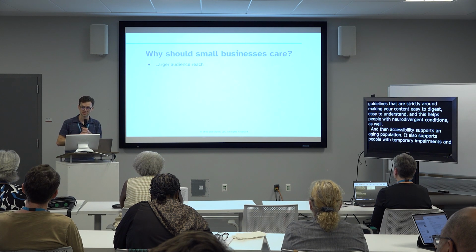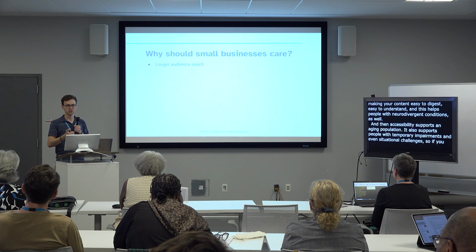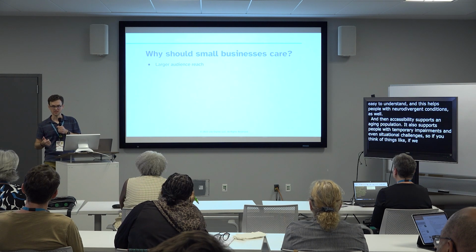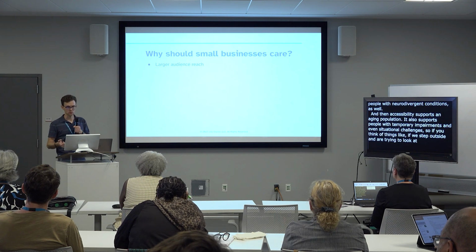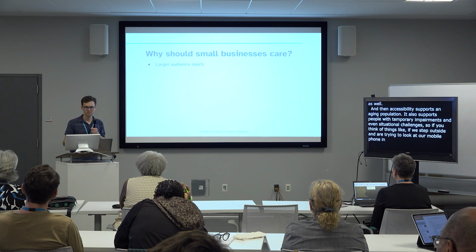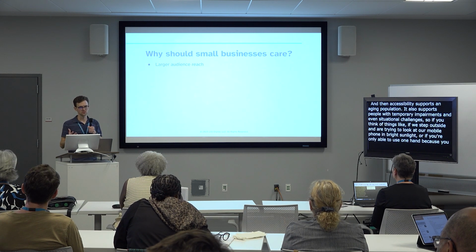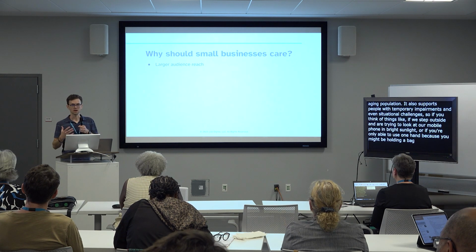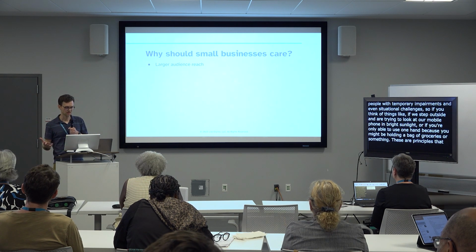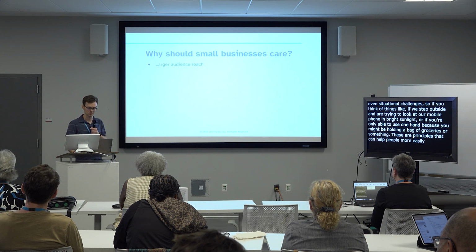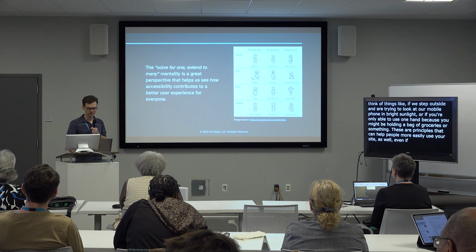So if you think of things like if we step outside and are trying to look at our mobile phone in bright sunlight, or if you're only able to use one hand because you might be holding a bag of groceries or something, these are principles that can help people more easily use your site as well, even if you don't have a long-term disability.